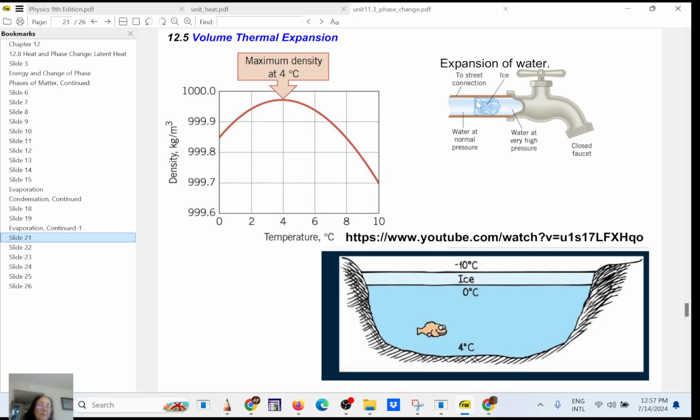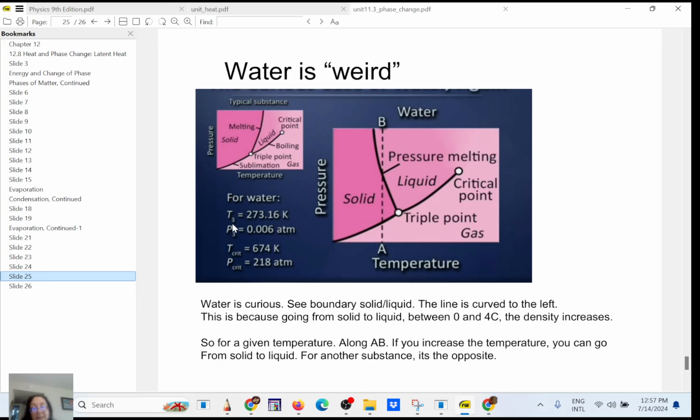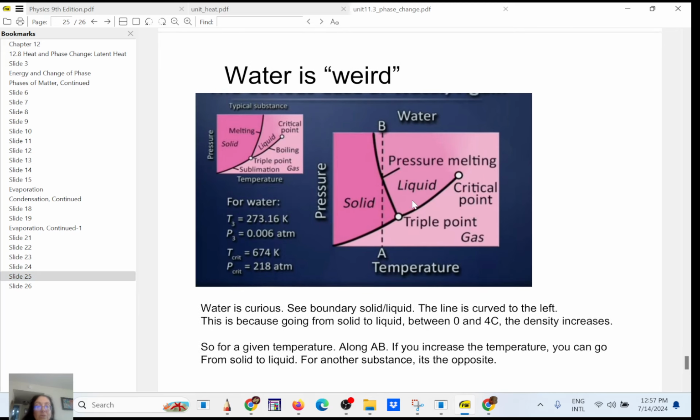And water has a density, the density of ice, so solid water, is less than the density of liquid water, which is curious, I mean, it's necessary for life. So I guess Mother Nature knew what it was doing. Okay. So because of that, you have this curve here. Now, interestingly, water is the only substance.